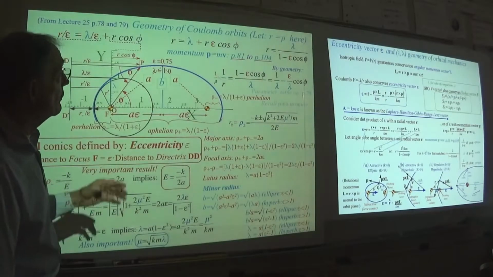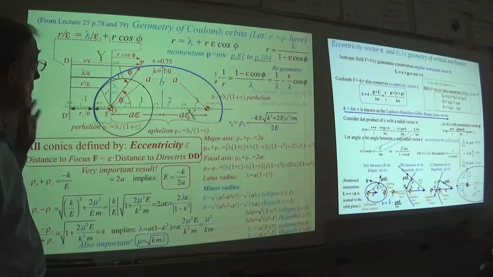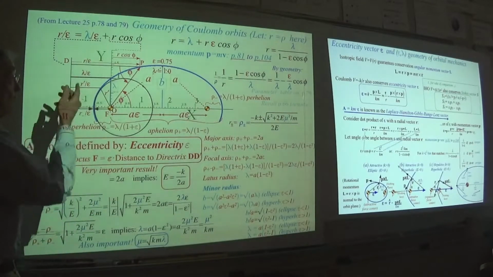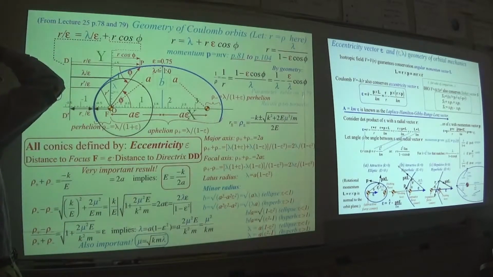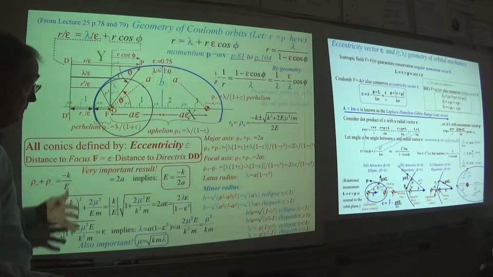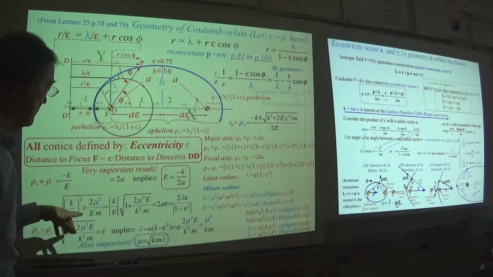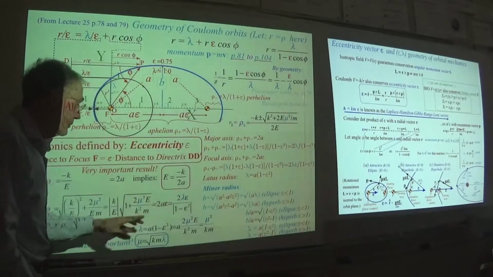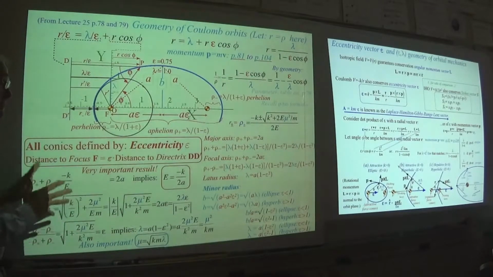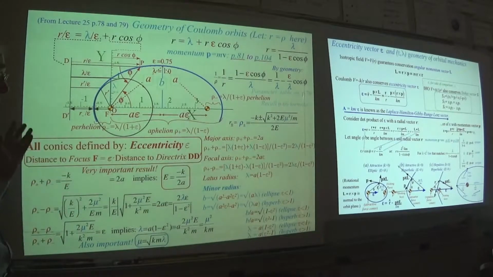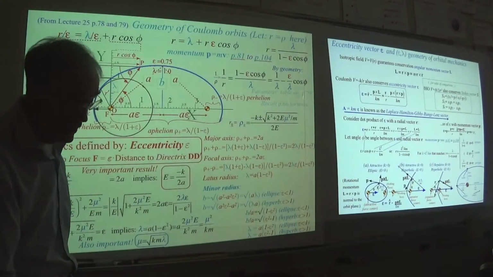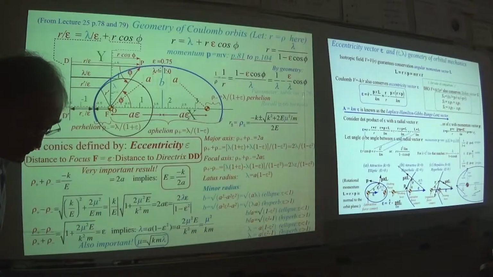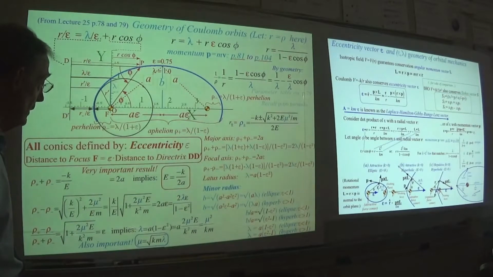Now these are pages from our last lecture. This is 25. We're in 26 now. Page 78, 79. This is 78. Just a reminder. Now here's the angular momentum again, now as mu. Formulas like these are completely derivable from the epsilon geometry that we're about to do here.